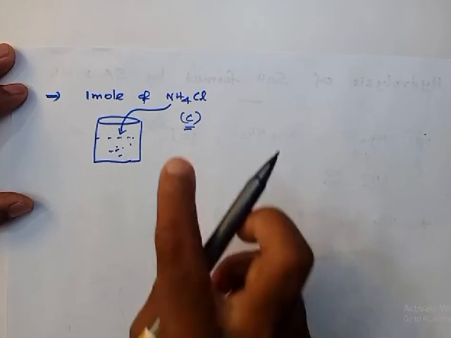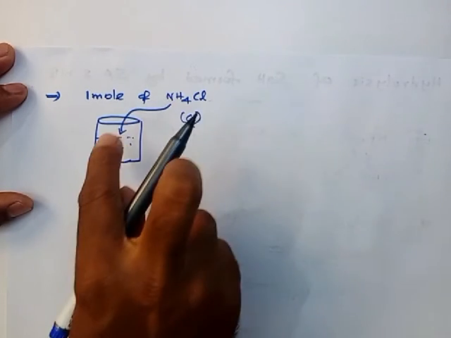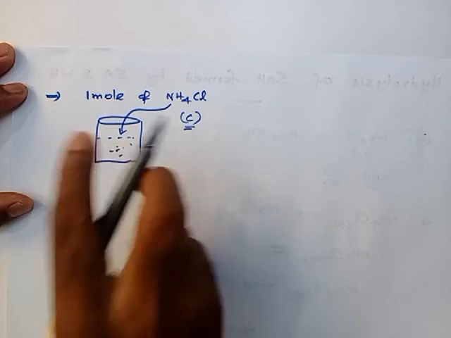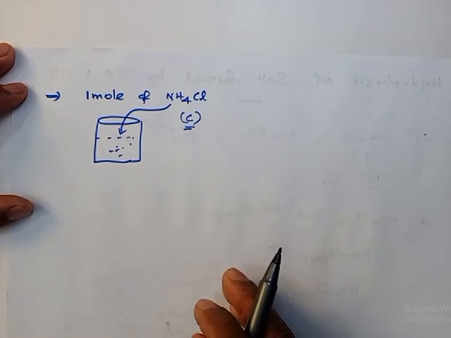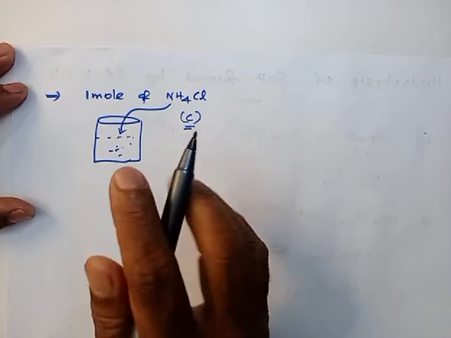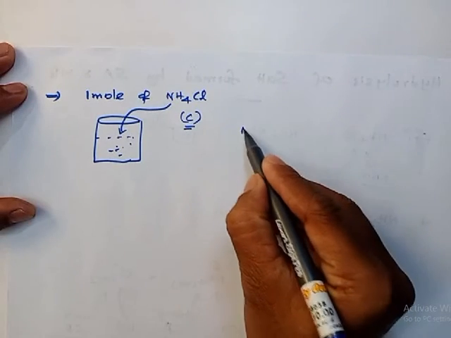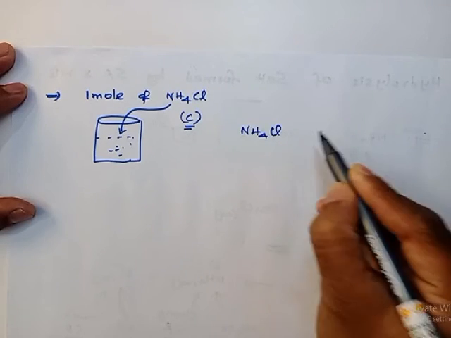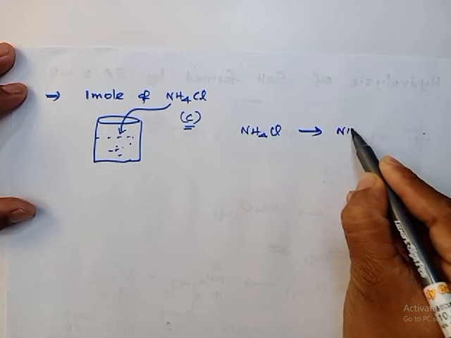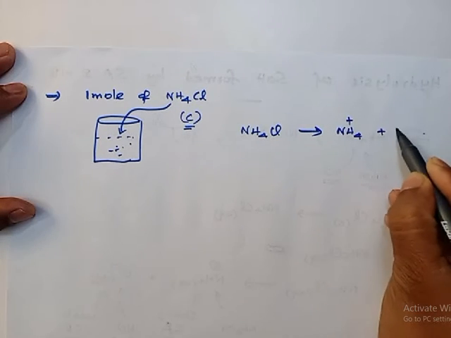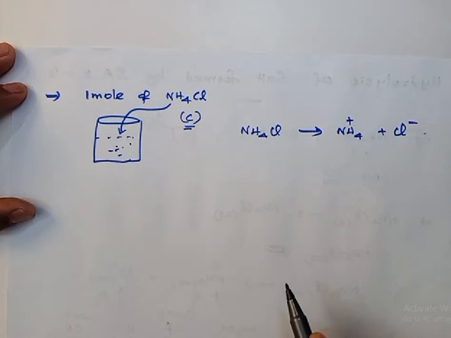Now the salt that we have added undergoes hydrolysis in solution. What actually happens? Ammonium chloride dissociates to give ammonium ion and chloride ion in solution.